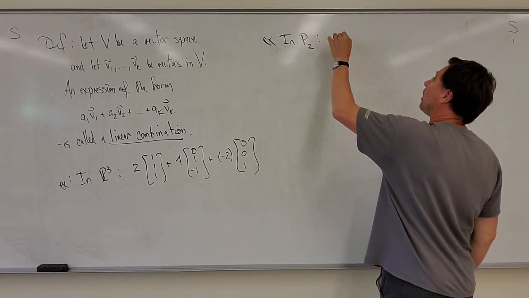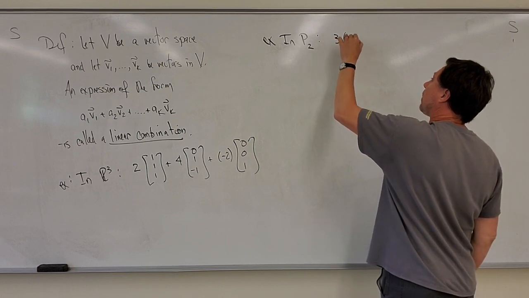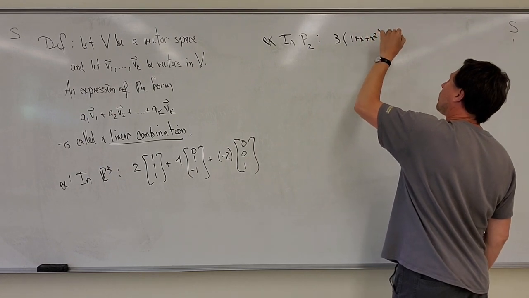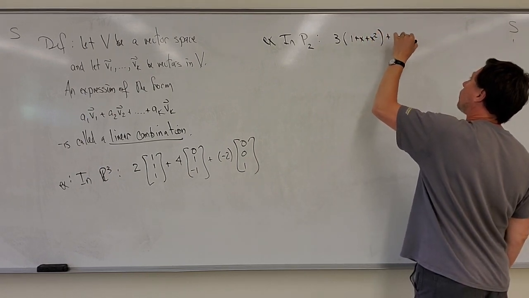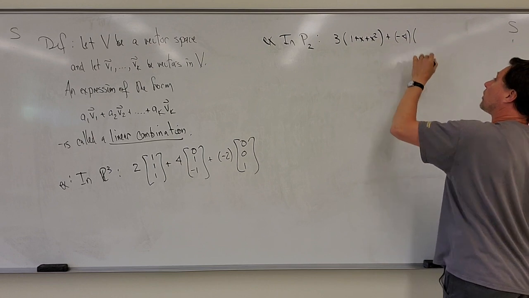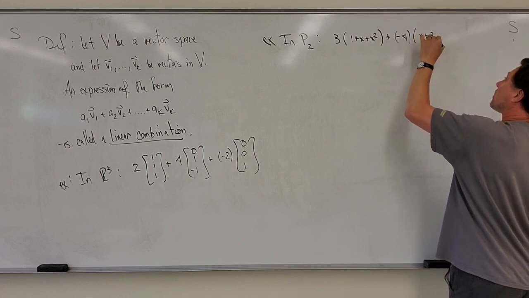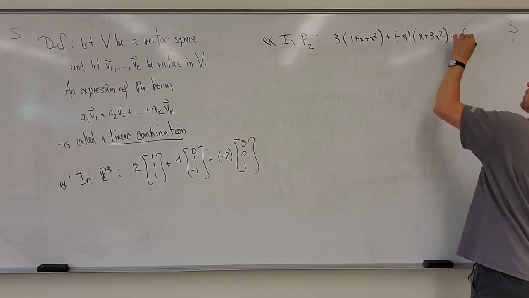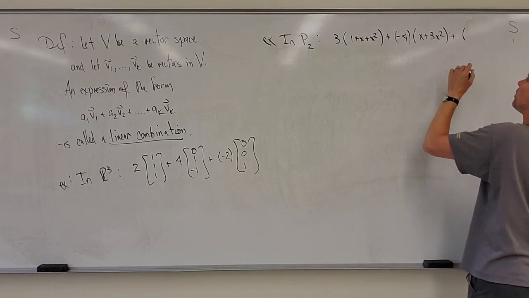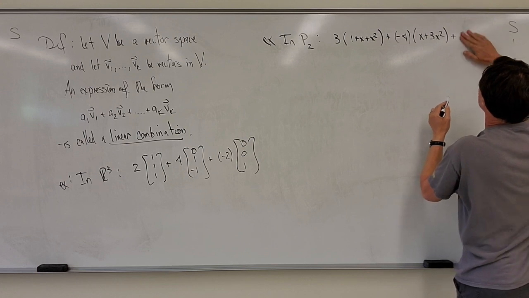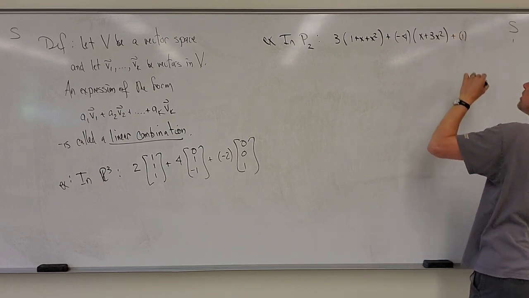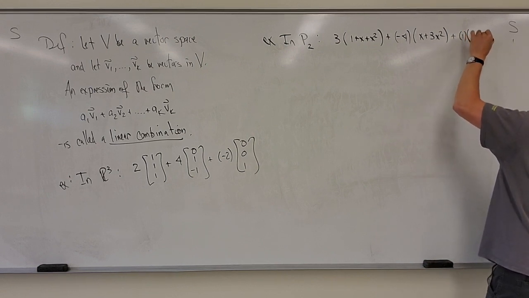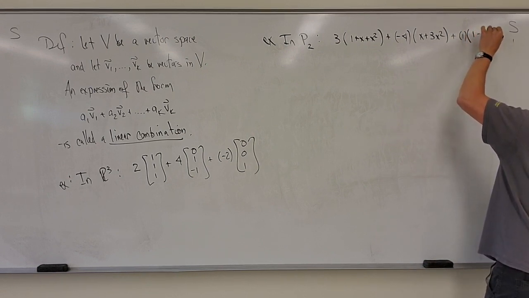How about 3 times the polynomial 1 plus x squared plus negative 4 times the polynomial x plus 3x squared plus, and I guess I'll put a 1 here, it looks kind of funny, but just to be consistent here, 1 times the polynomial 1 minus 2x squared.